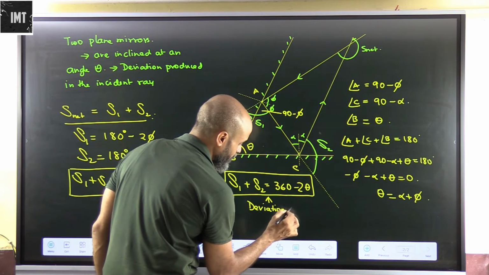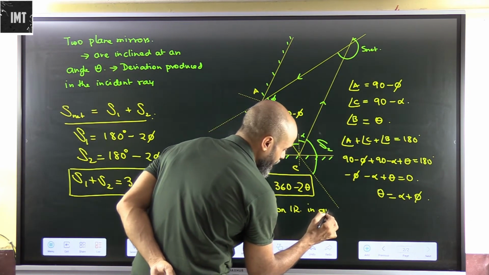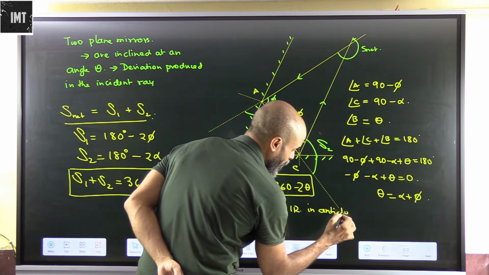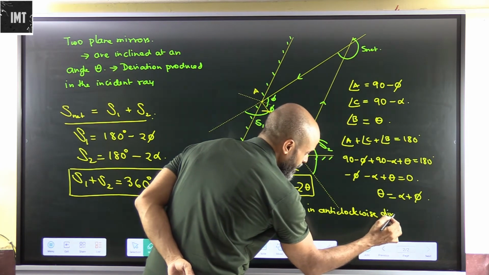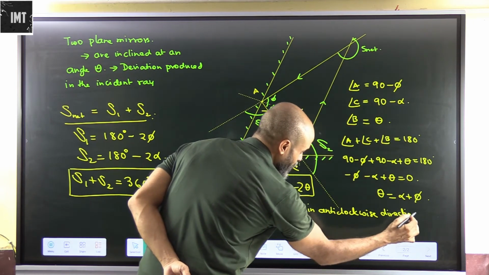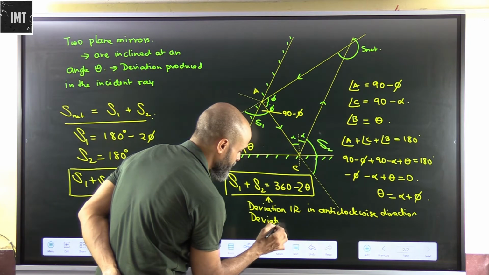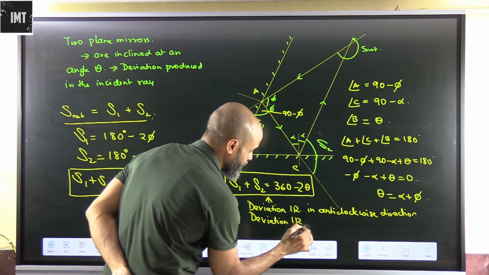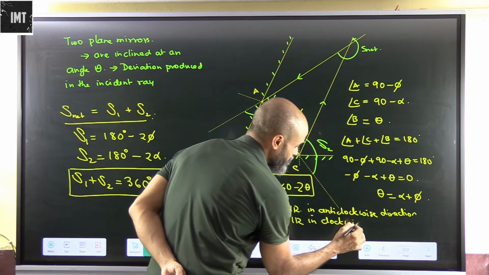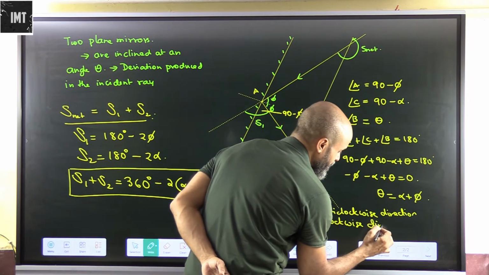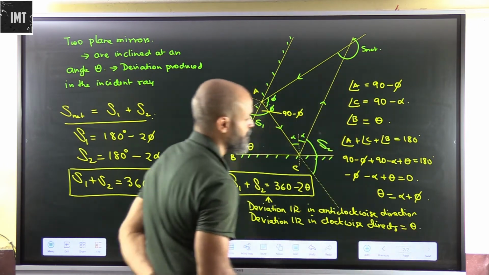Very important to note this: deviation of incident ray in anti-clockwise direction. If we were to calculate the deviation of the incident ray in clockwise direction, that will be 2 theta.